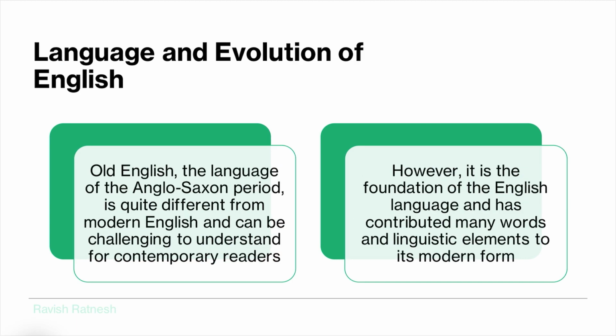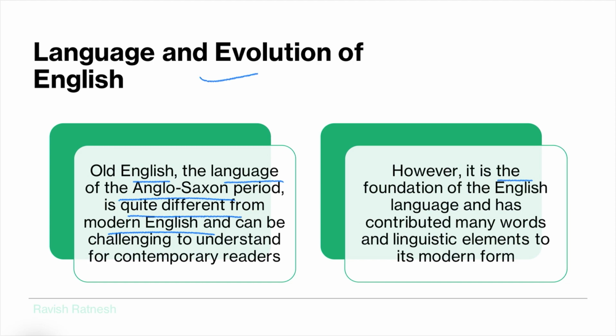And now we will look at the language and the evolution of English. Old English, the language of the Anglo-Saxon period, is quite different from modern English, as we already know. Beowulf, which is the oldest poem that we have, is written in Old English, in Anglo-Saxon English, so it's quite difficult to understand.